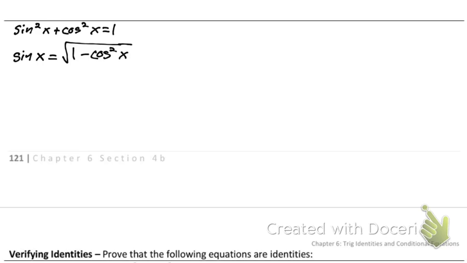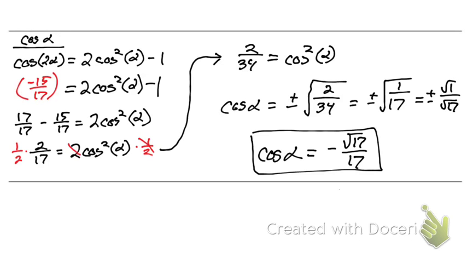Well, in this case, we know our cosine value. So we're going to have sine, and we actually have alpha, so I'll change it to alpha, equals the square root of 1 minus, you can be smart about this or you can make your life difficult. I get that cosine alpha equals negative square root of 17 over 17, so a lot of us are going to plug that in.